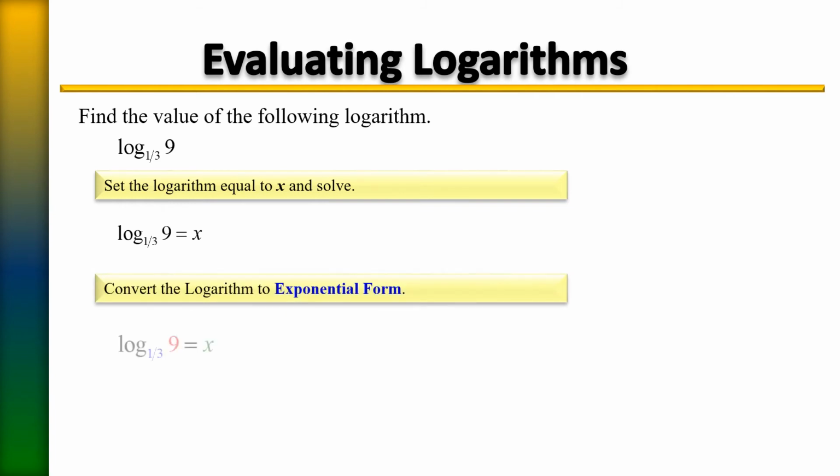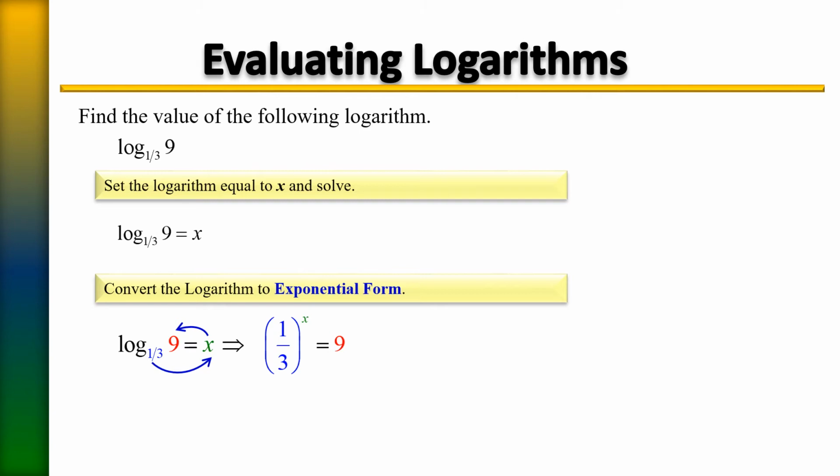When we do so, moving counterclockwise in a snail-like pattern, 1/3 raised to the x power equals 9. And what we want to find out is, what is x? What number will I have to raise 1/3 to in order to get 9?